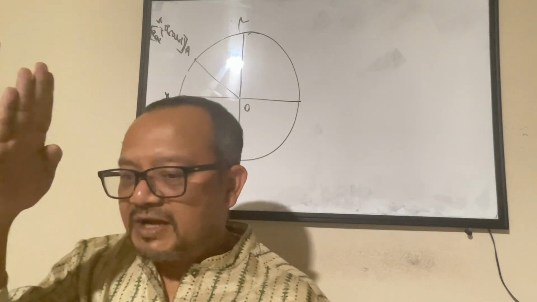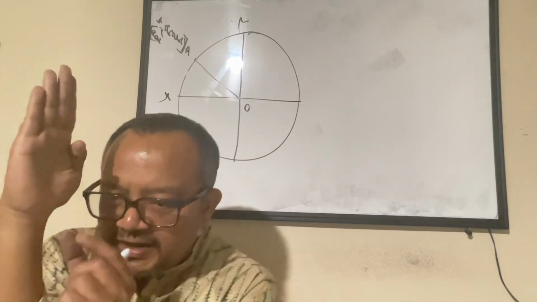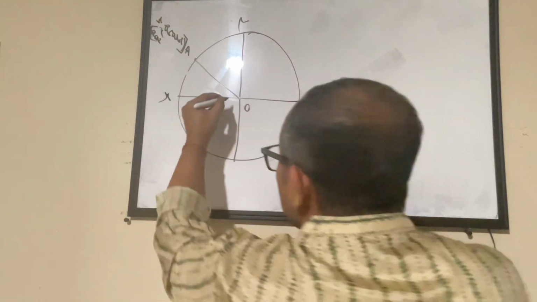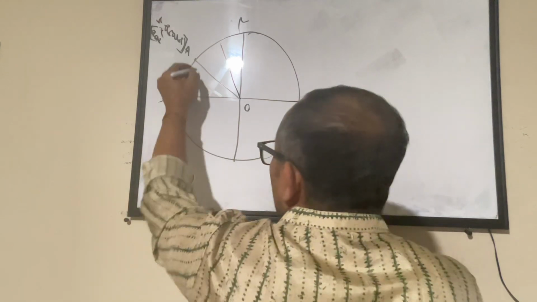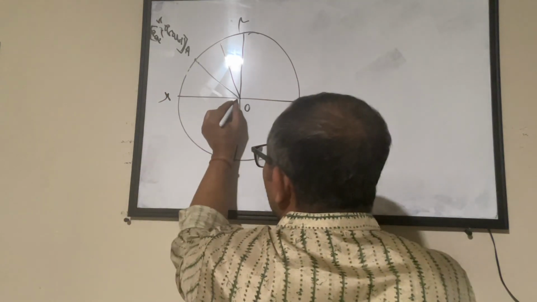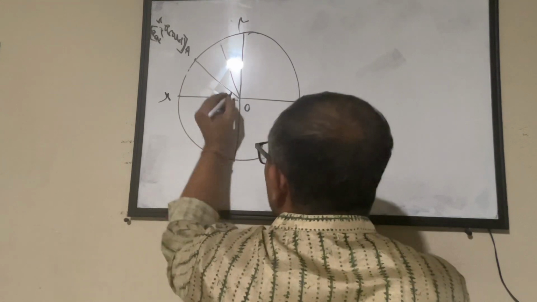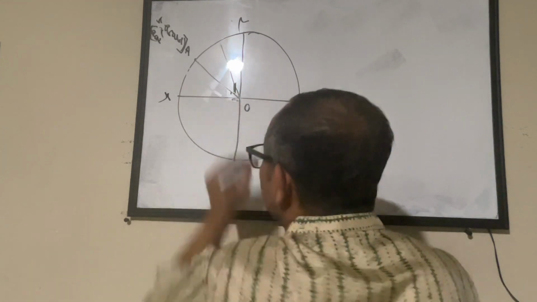When it is steep, that means for every increase of x, y is changing very rapidly. Here, this line versus this line, what is the difference? Here, for every increase of x, y is increasing this much. Here, for this much increase, y is changing by this much.